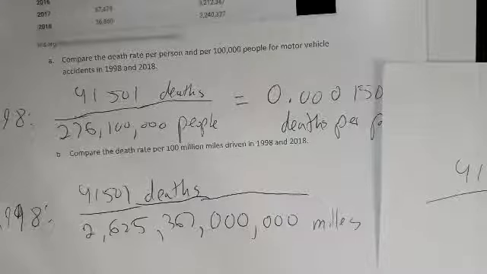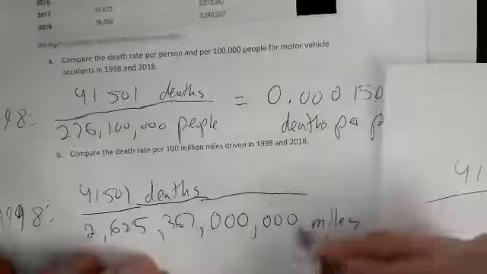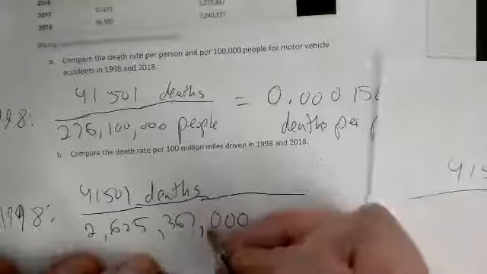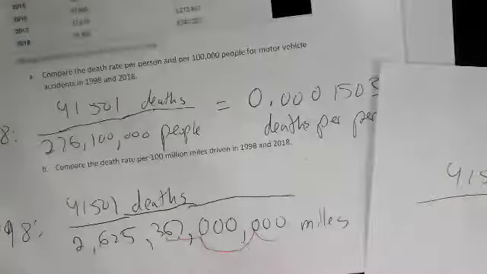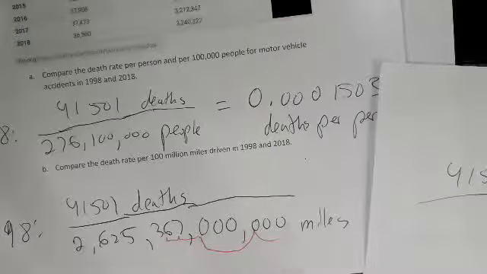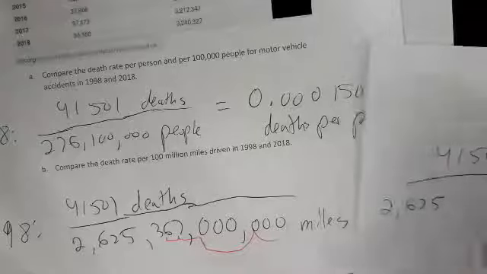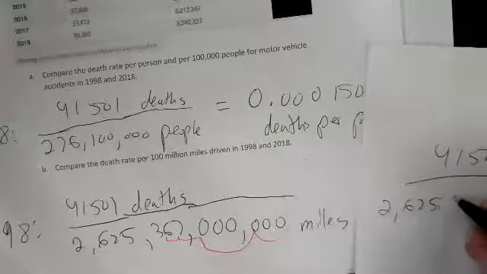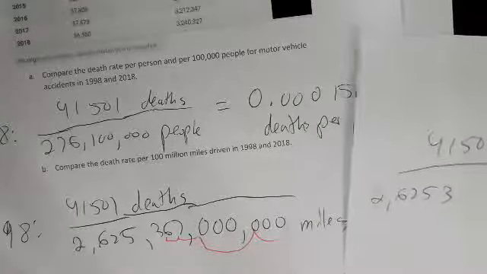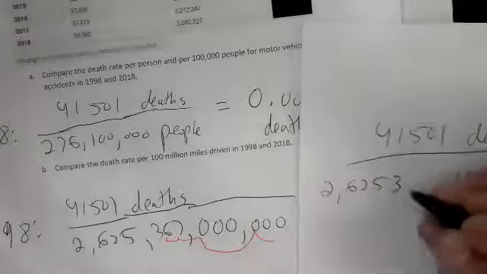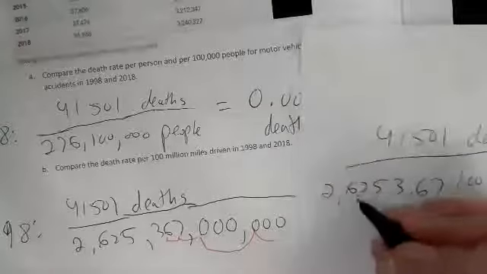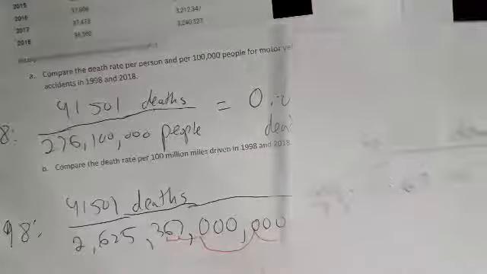So another way you can think about this is I got 2, 6, 2, 5, 3. I put my comma in the wrong spot. 0.67. Sorry, my comma should be there, not here.